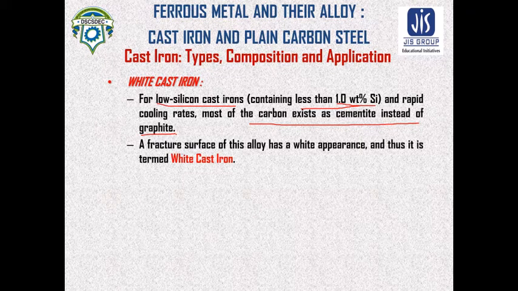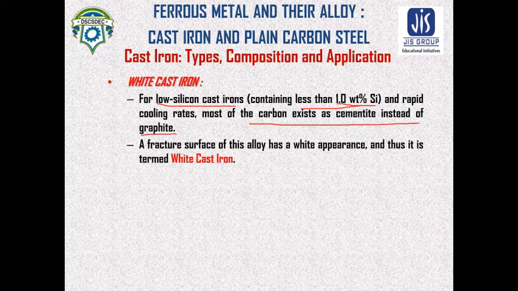As the amount of silicon increases, this cementite decomposes into graphite. That is another part we will discuss later. But the thing is that the carbon exists in the form of cementite.